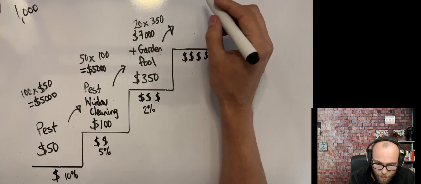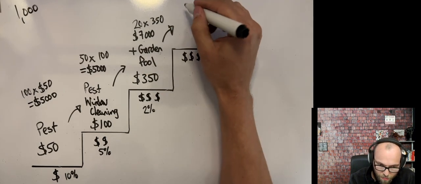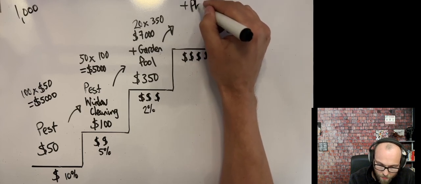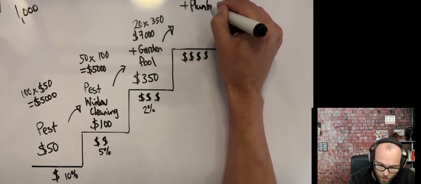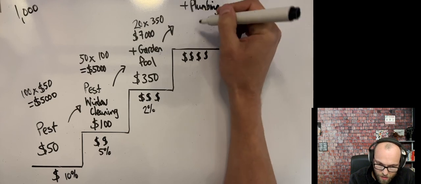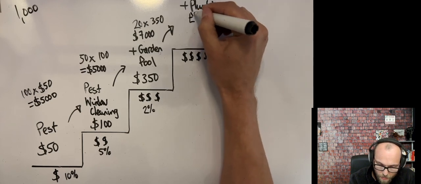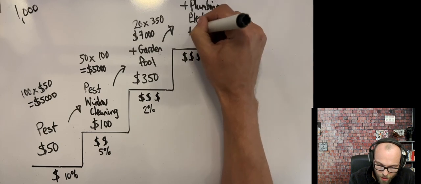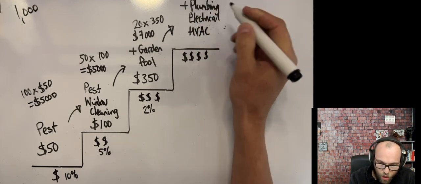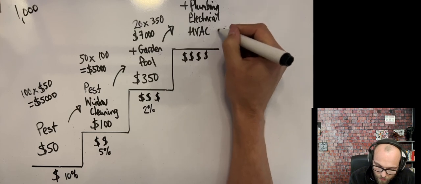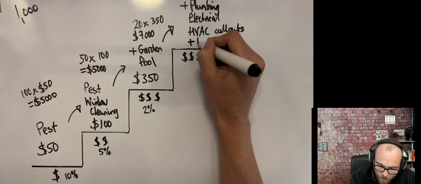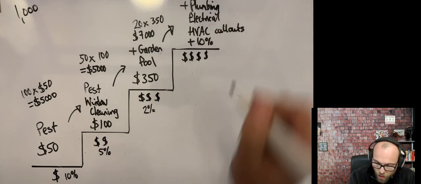There's always people that will buy more. So let's say we do all these things, plus we add in that you can do plumbing, electrical, or HVAC call-outs for free. And what you could even do on top of that, plus to get 10% off whatever it costs to fix it.